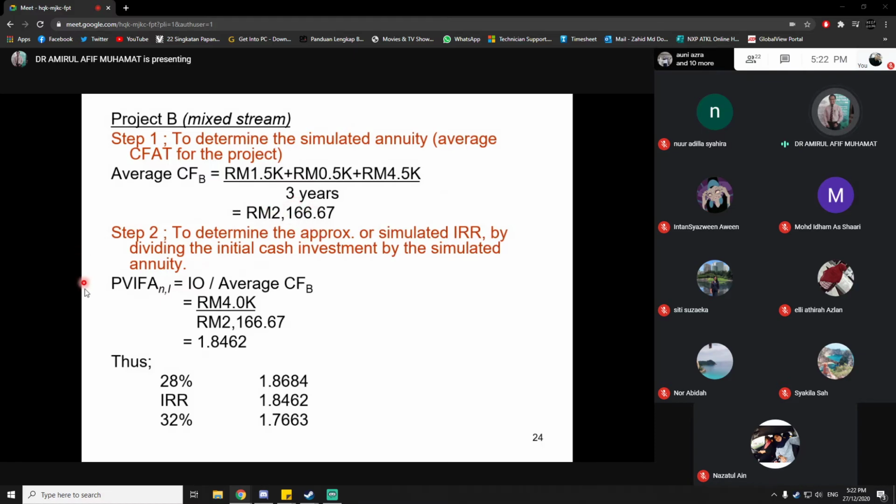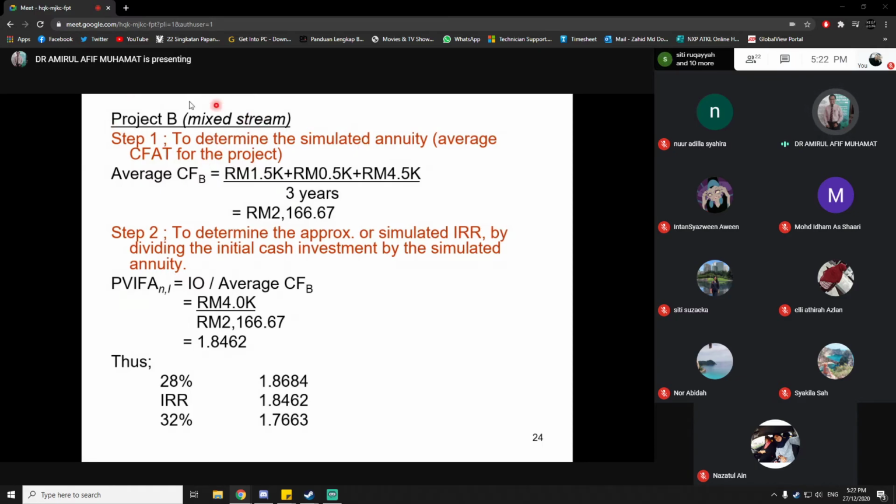And then in the second part, you need to find the factor. After you get the average, we will also be using the annuity. Remember, in the beginning, project B is not an annuity.